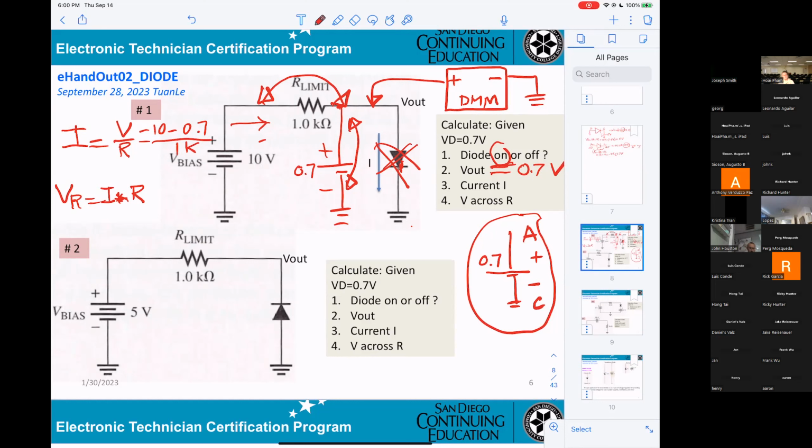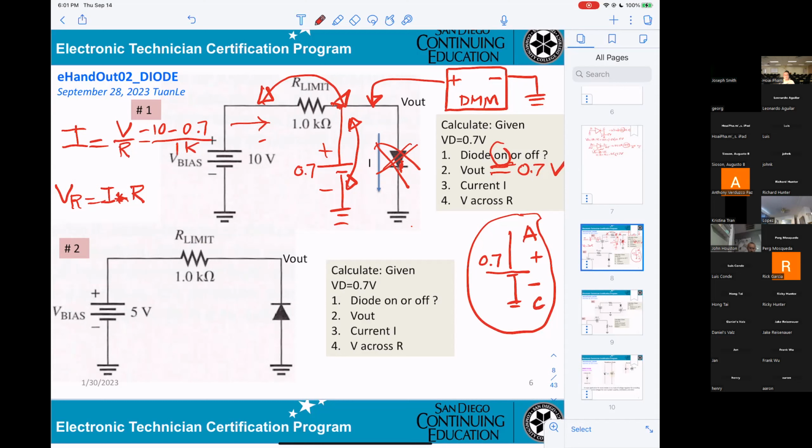That means the voltage drop across the resistor. Okay.